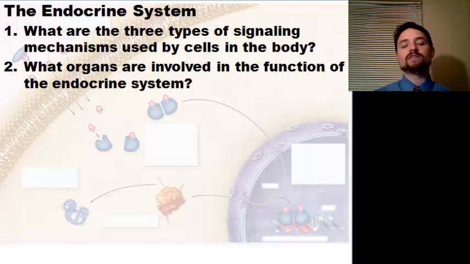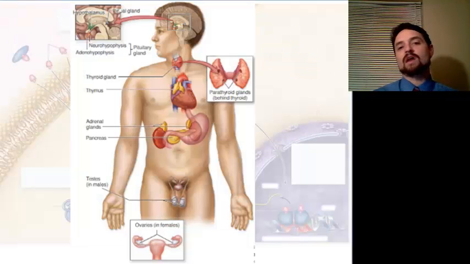What organs are involved in the function of the endocrine system? This is a lot of the organs that we call glands in the body. So up here in the brain, you've got the hypothalamus and the pituitary gland. We'll look at both of those in a little bit. In the neck region, right in here, you've got the thyroid, and right behind the thyroid are the parathyroid glands. On top of the heart, you have the thymus.